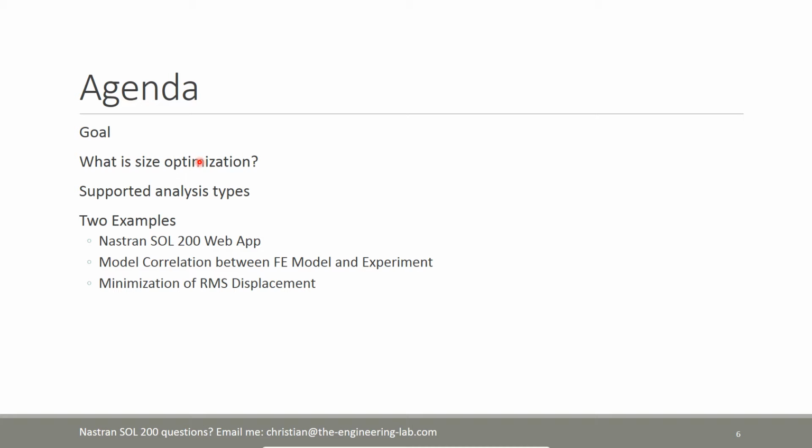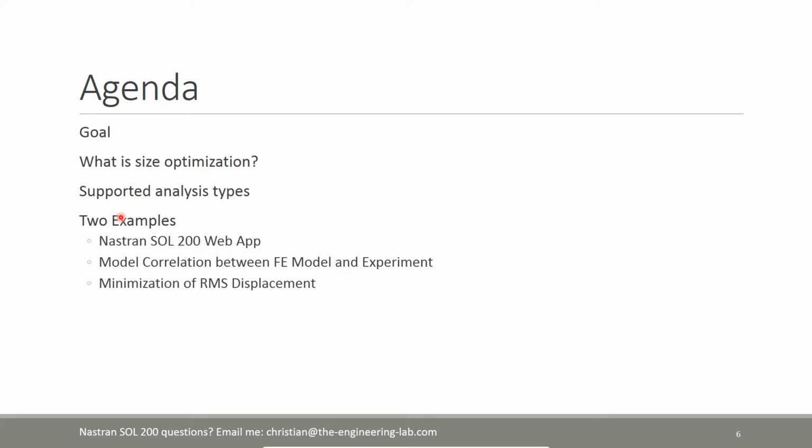And here's what I have as an agenda. I want to go over what size optimization is. There are various types of optimization out there, and I want to give you an idea of what size optimization is. That's the one we'll focus on exclusively in this presentation. I'll make a brief comment about supported analysis types. I know we have an automotive crowd here today, so your focus might be on dynamic analysis as an example.